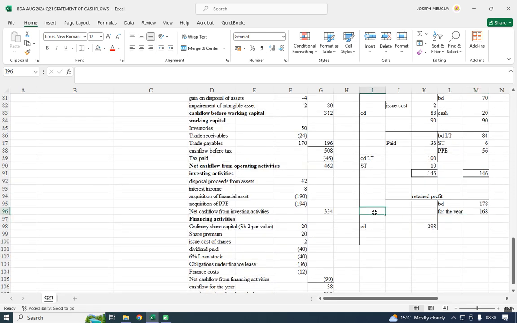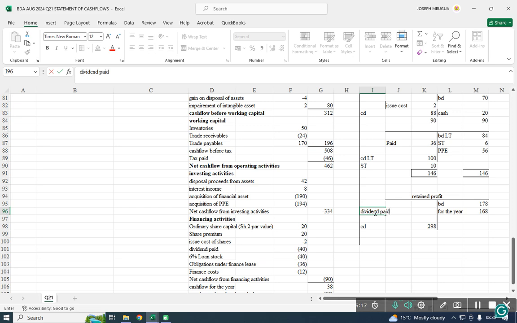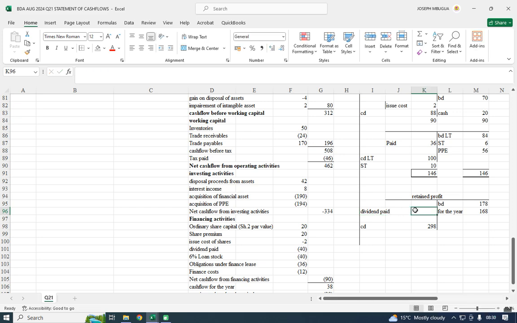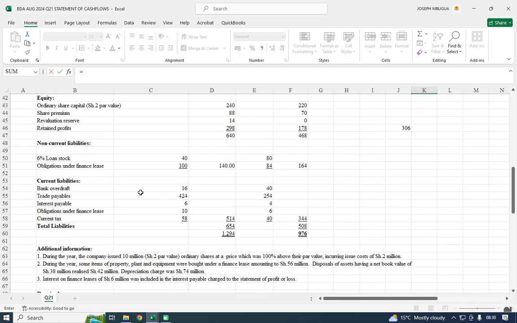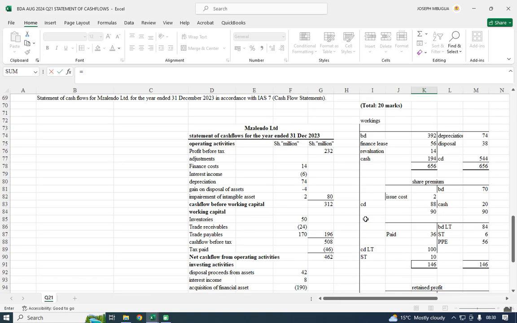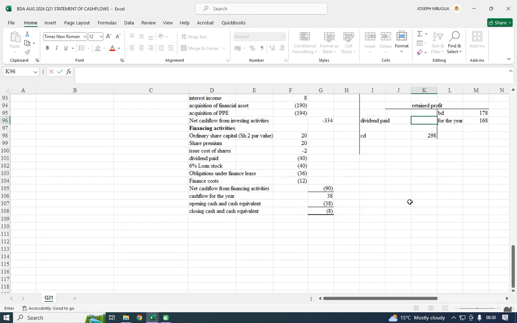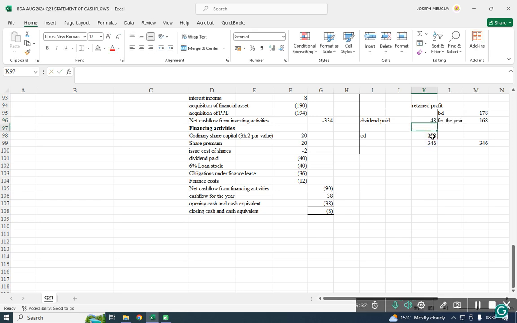And you'll find that the dividend that was paid is supposed to be this value, the difference. So if we add this and here, so the paid one, this minus this, you'll find that we paid 48.